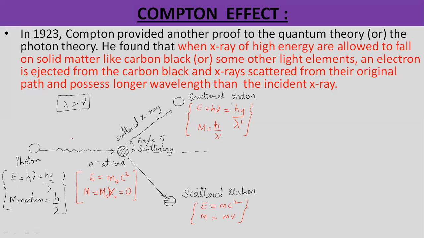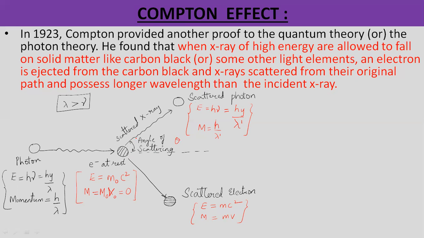Now, the ejection gives you a scattered electron, where the energy equation is mc² and the momentum equation is mv. Now, the angle between the incident photon and the scattered photon is called the angle of scattering, which is generally represented with the symbol theta.